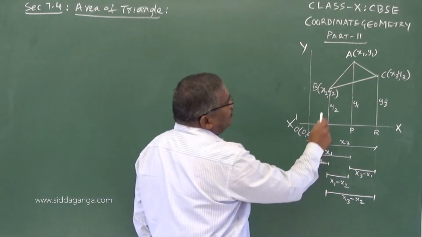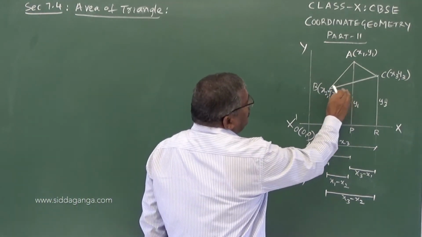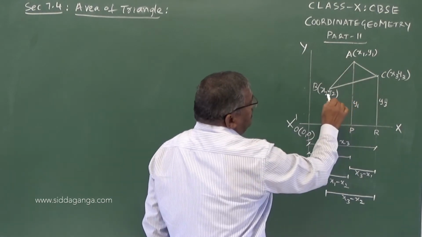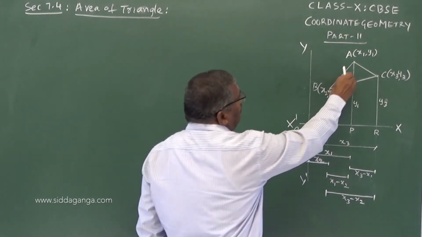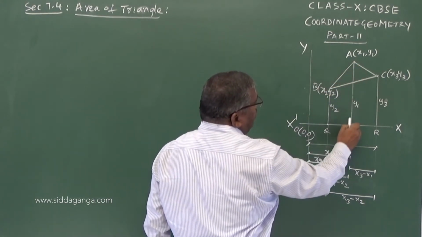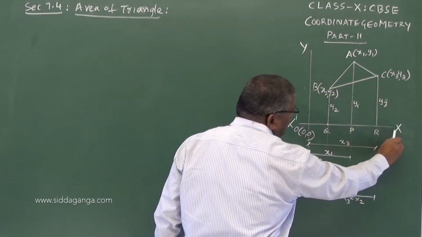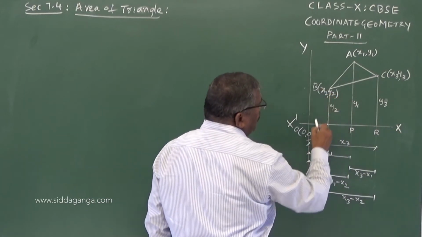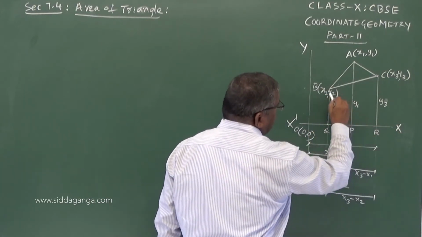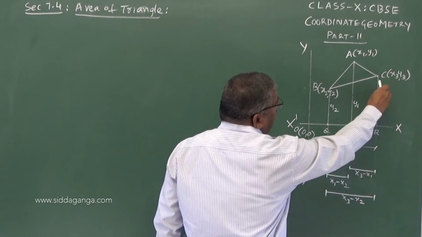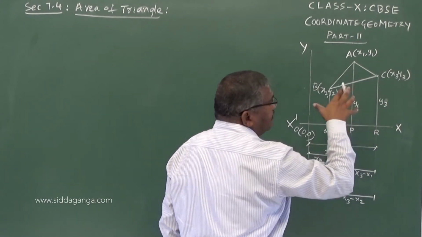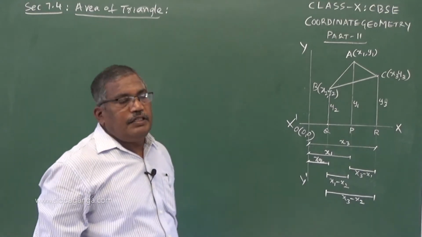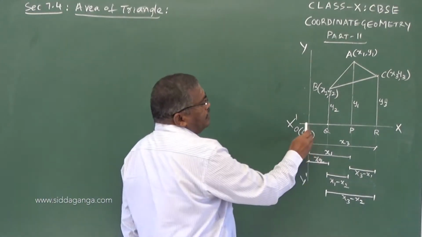To find the area, there is some construction we have made. From A we have drawn AP perpendicular to the x-axis, BQ perpendicular to the x-axis, and CR perpendicular to the x-axis. That means these three are perpendicular lines from the three vertices.